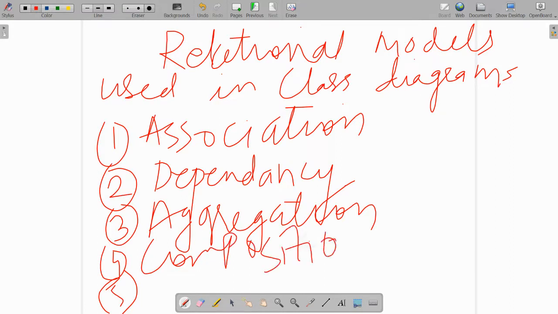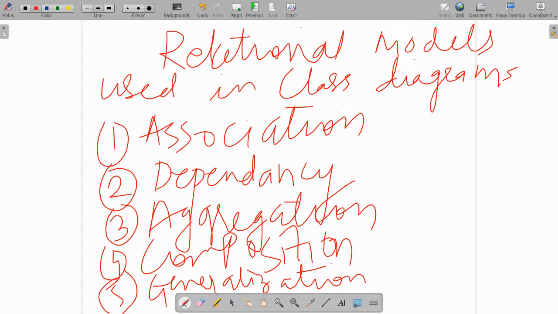The fourth one is the composition, and fifth one is the generalization. So how do you show the relationship between the classes? It can be shown through the association, the dependency, the aggregation, the composition, the generalization.